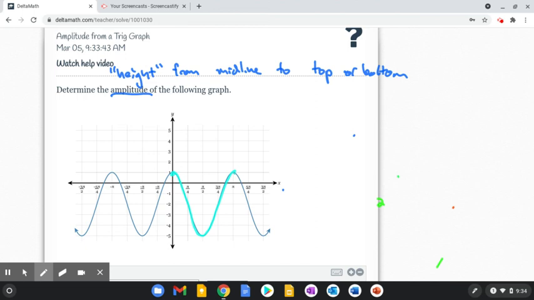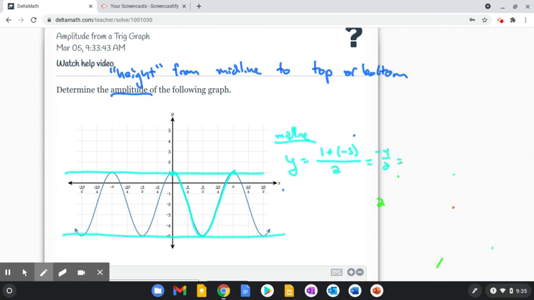So let's go ahead and use our formula to find the midline first. So the midline of this function, y equals our max value, the maximum height there is 1, plus our minimum height there is -5. So 1 plus -5 over 2. That gives us -4 over 2, so it's -2.